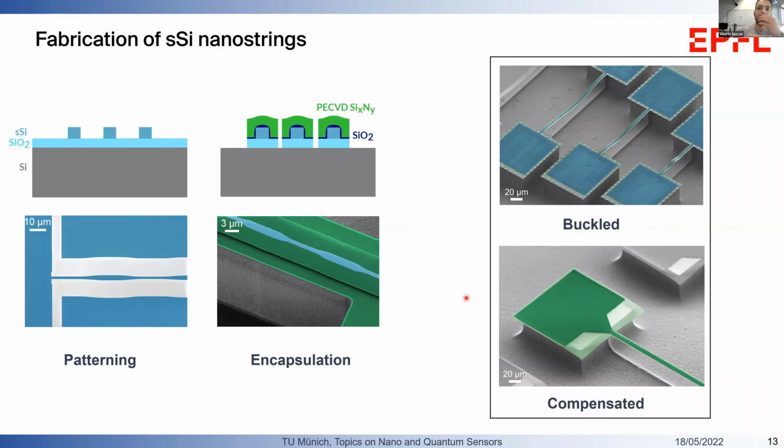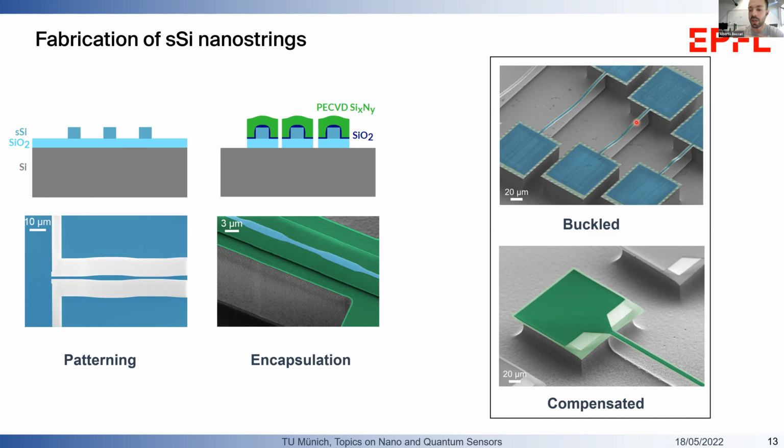Another important caveat is that we have another requirement from the encapsulation layer stack: we must compensate the compressive stress naturally present in the silicon oxide layer. If you grow silicon oxide, it will have a pretty strong compressive stress, around minus 300 megapascal. And if you suspend high aspect ratio structures with that, typically you get buckling instability.